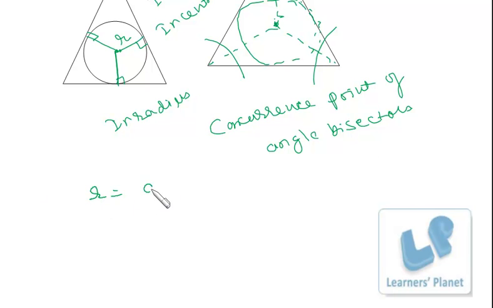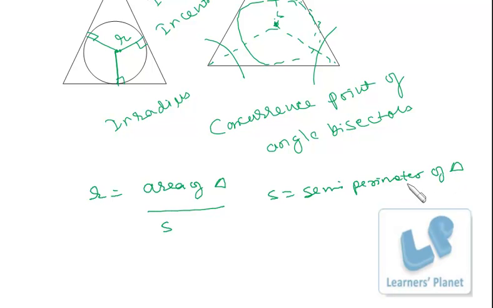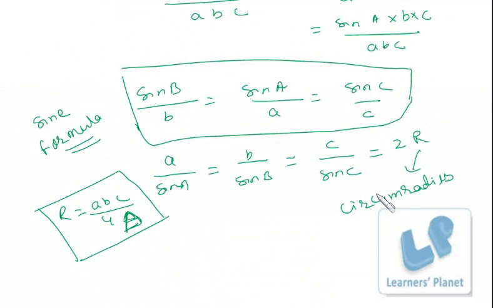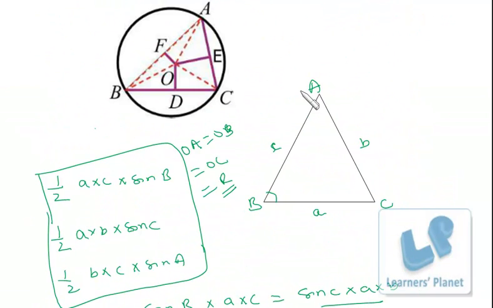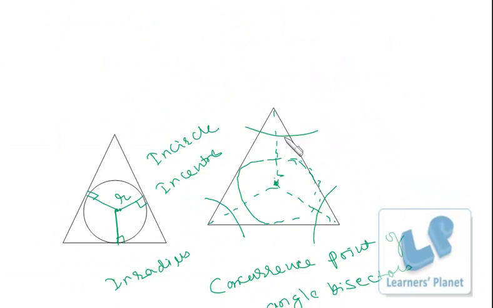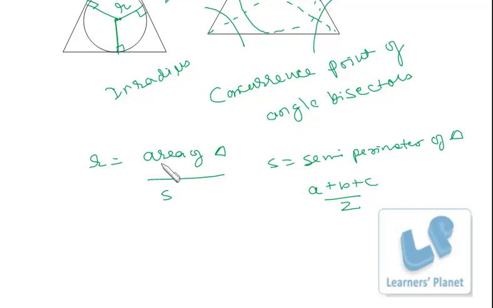Now r is equal to area of triangle by S. Here S is the semi perimeter of the triangle, that is A plus B plus C by 2. Here A, B, C are the lengths of the sides of triangle ABC. If we divide the area of the triangle by the semi perimeter, we'll get the inradius, that is the radius of the incircle.